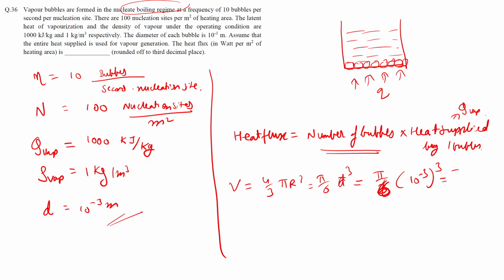So the volume of the bubble is pi by 6 into 10 raised to minus 3 meter cube. Similarly, the mass of the bubble we can find as mass is equal to rho into V. The density we have been given as 1 kg per meter cube. Ultimately, the mass will become same as volume, pi by 6 into 10 raised to minus 9 kg.